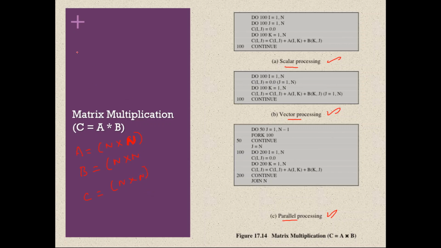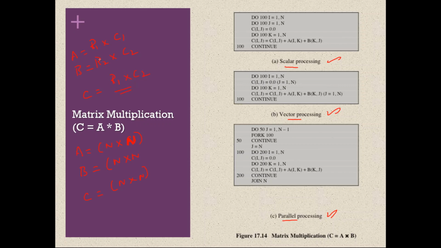Otherwise, to be more specific, if matrix A contains R1 rows and C1 columns, and matrix B contains R2 rows and C2 columns, then the resultant matrix will have R1 rows and C2 columns, right?